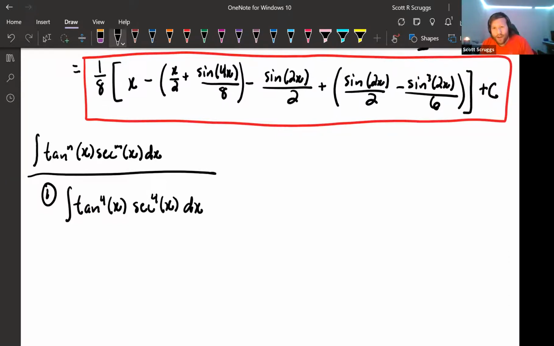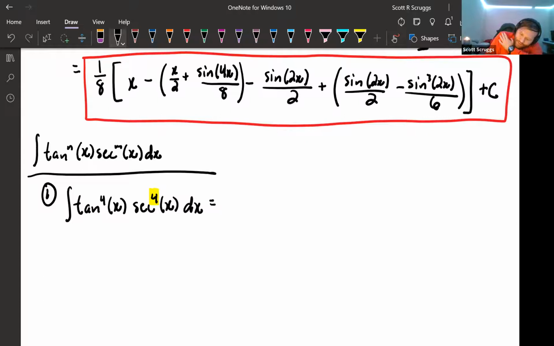So the first scenario in your trig integrals with tangent and secant is that the power that is married with the secant is even here. So if you have a tangent secant type integral where the secant power is even, I'm going to do my strategy like I did before with the cosine and sines of taking one away.